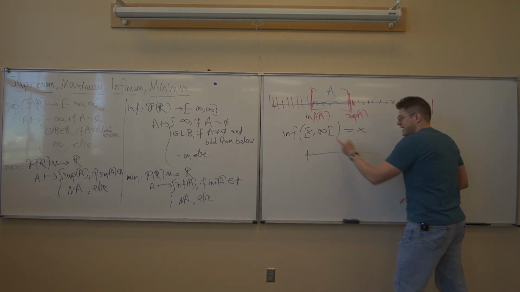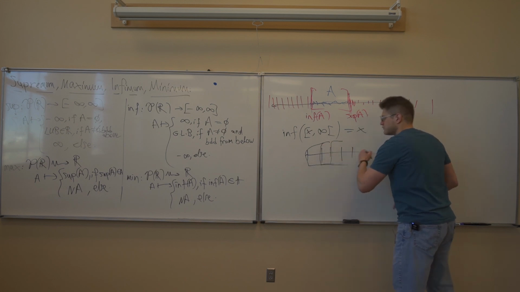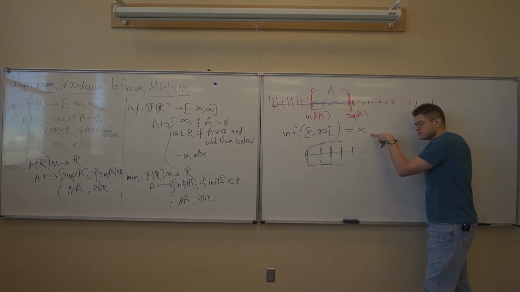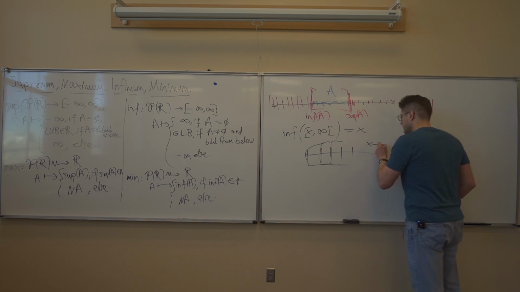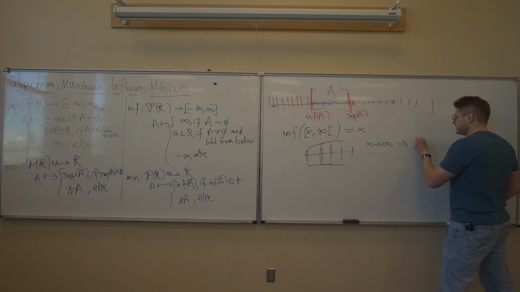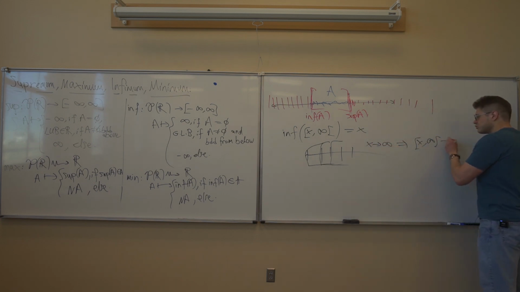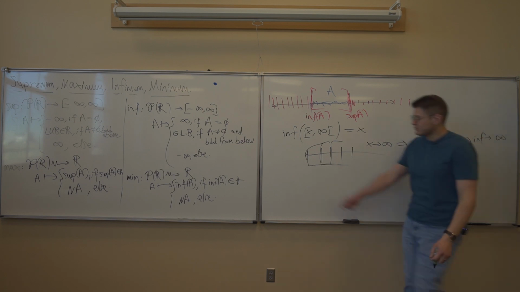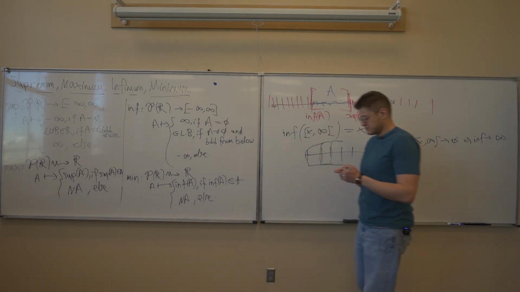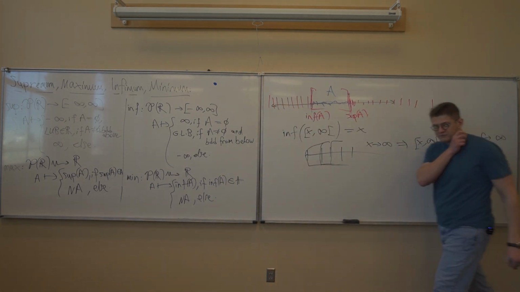So as x increases, you're taking smaller and smaller sets, while the inf goes to infinity, right? Am I correct? Yeah, exactly. So if x goes to infinity, this interval goes to the empty set, and inf of it goes to this value that I defined here. Does this make sense?